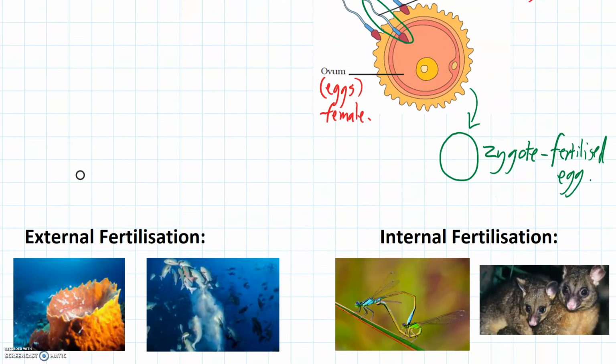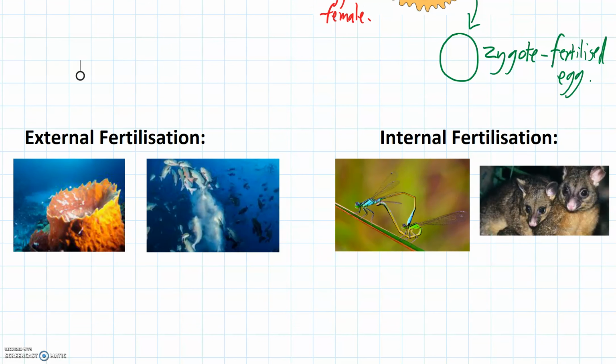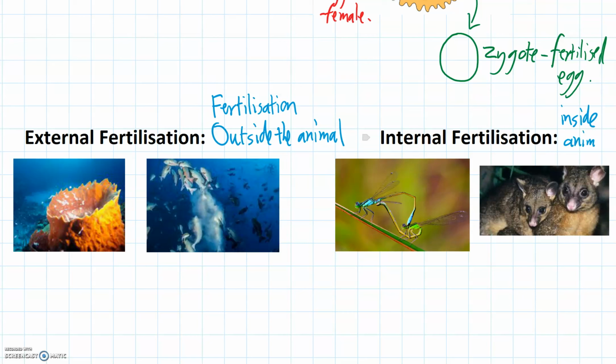And like I mentioned before, it can happen inside the animal or outside the animal. Let's look at those two options. External fertilization is when the egg and the sperm meet outside the animal. And internal fertilization is obviously when the fertilization happens in the animal. There's a few different groups of animals that tend to do this.